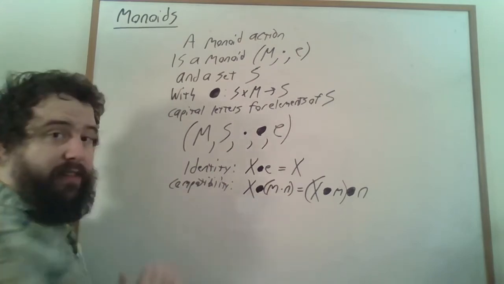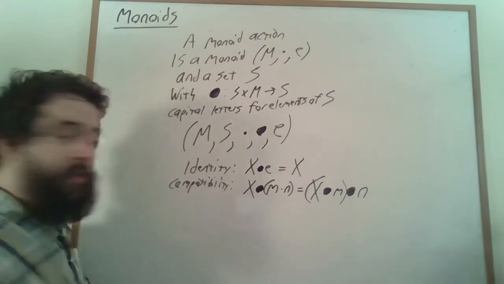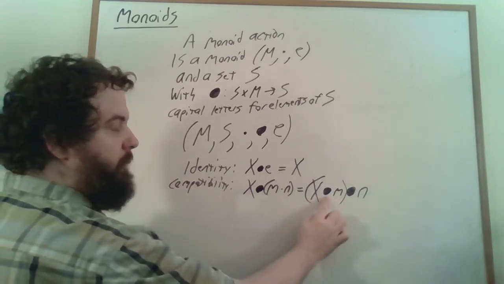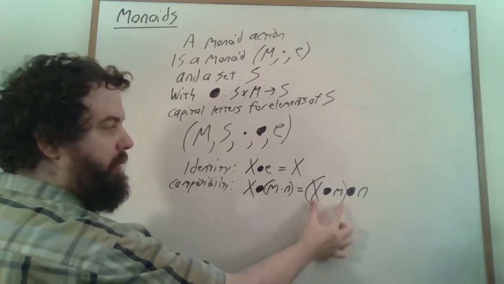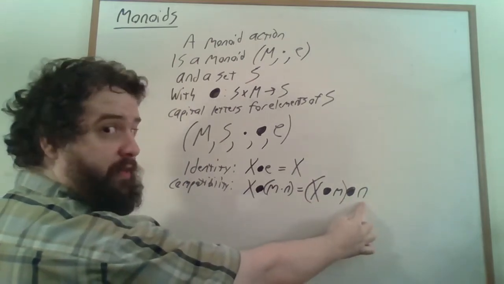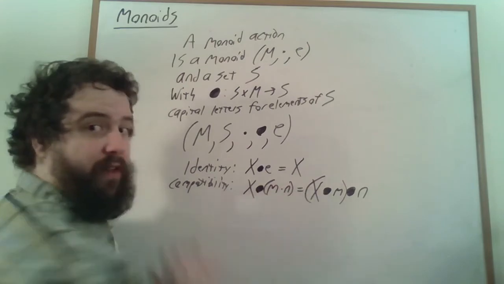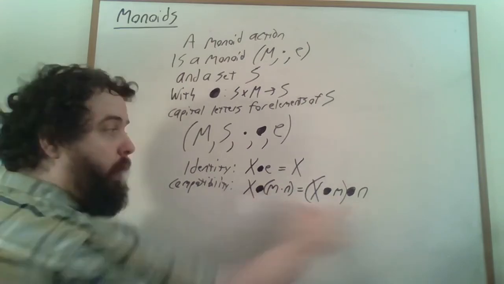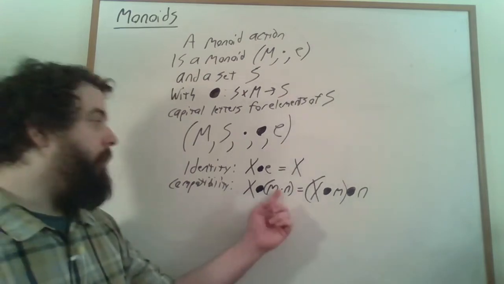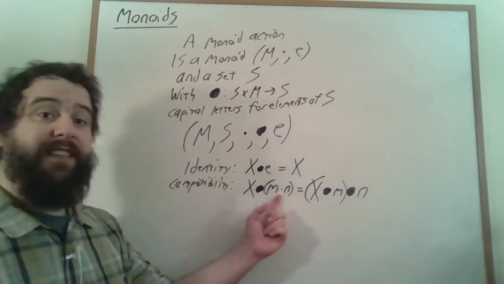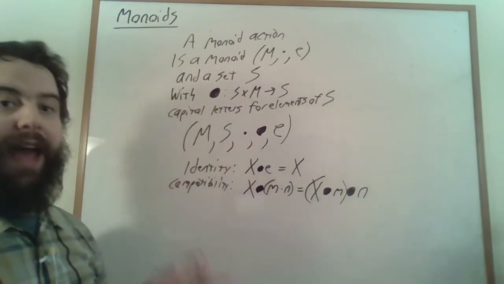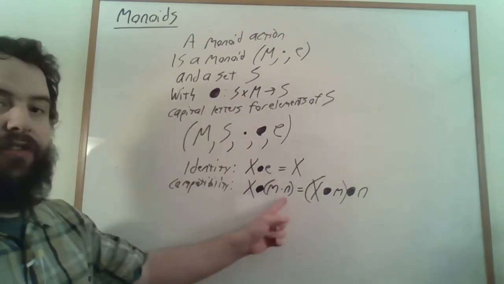So the left-hand side represents an element of S. And then on the right-hand side, here we have an element of S, big multiplied by an element of the monoid to give us an element of S, big multiplied by another element of the monoid to give us an element of S. So this is an equality between two different elements of S, and it's just saying that the monoid operation acts kind of like function composition. If we're viewing these elements of the monoid as functions, this is function composition, right?